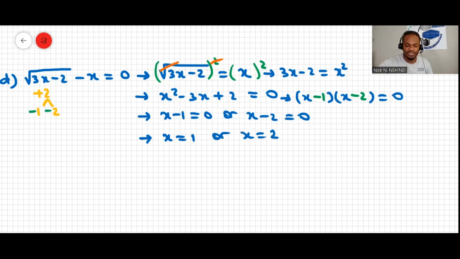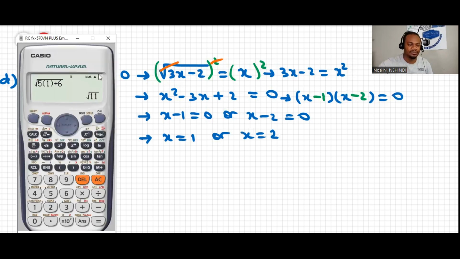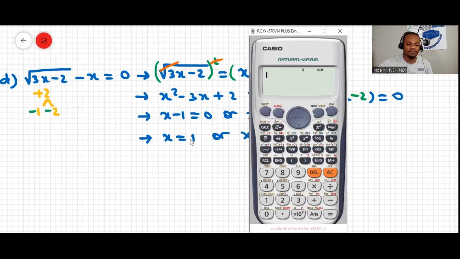Now we can check which solution is true. We can use the calculator. If x is 1, for instance, in the square root here we can just substitute 3 open bracket minus 2, so I'm gonna sub in the value of x there, 1. So what does it make? It's 1.